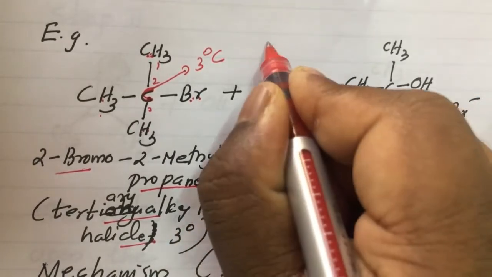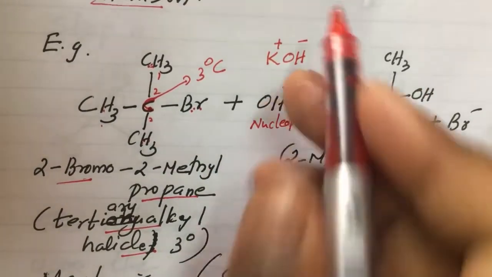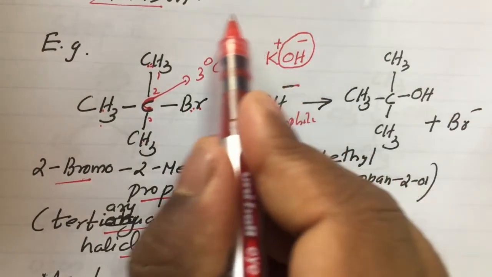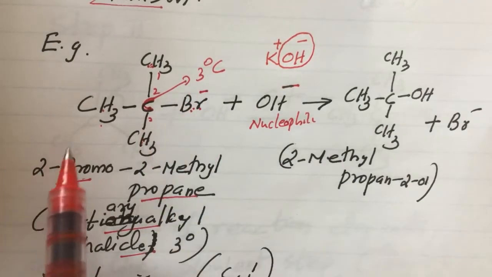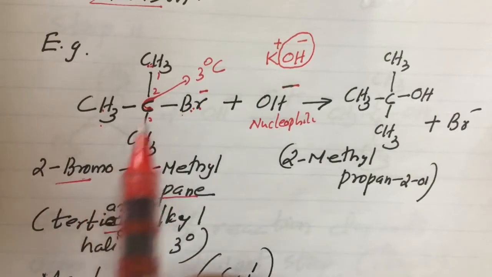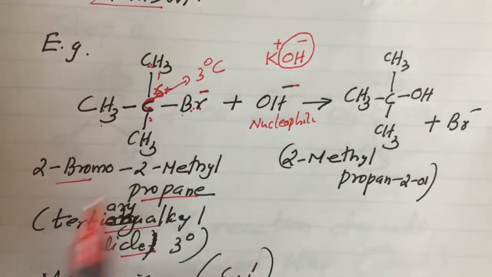The complete chemical is KOH, K plus and OH minus, but OH minus is more important because it replaces Br minus from the halide. Here carbon is positive and Br is negative.